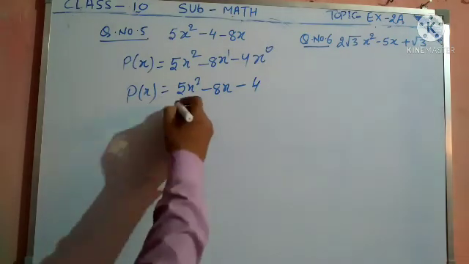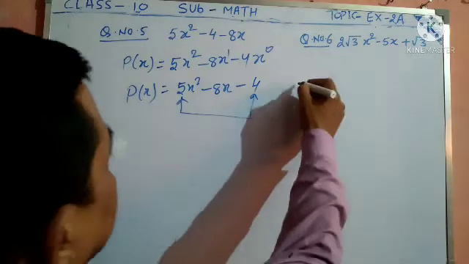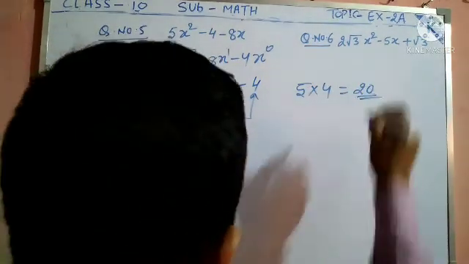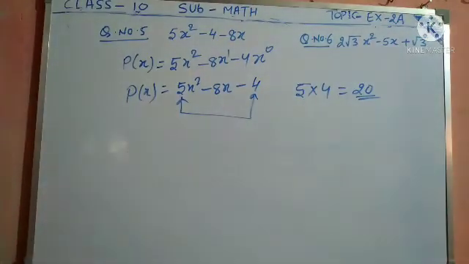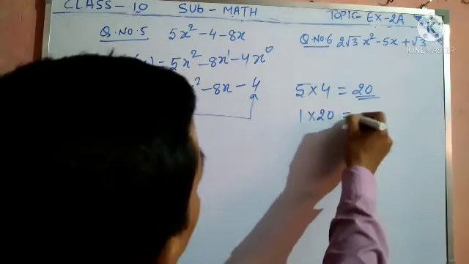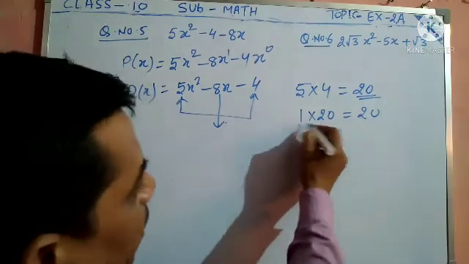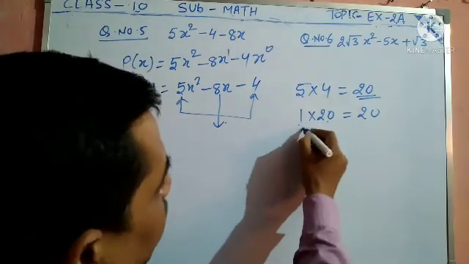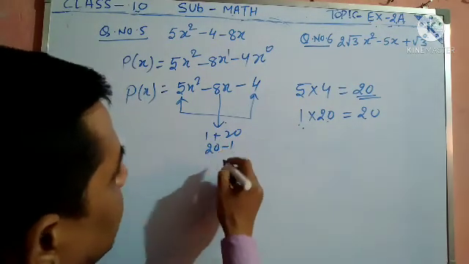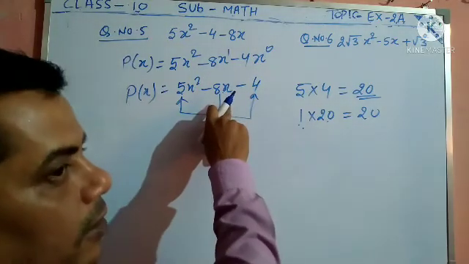Now for factorization of this term, we multiply 5 and 4, which equals 20. We find the multiplication of this: 1 into 20 equals 20, but 1 plus 20 or 20 minus 1 does not come to 8, so that is not the factor.